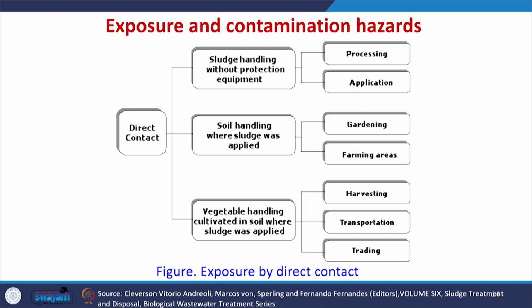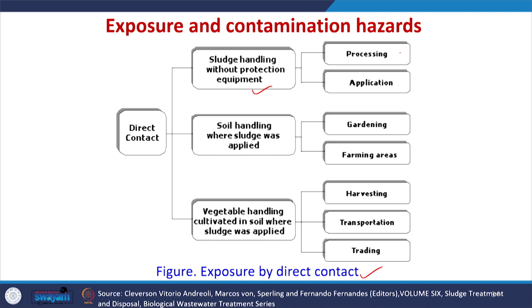that will be decided. Okay, now we will try to understand the exposure and contaminants hazard because of the direct contact of a sludge which contains some pathogens. So, direct contact may happen during sludge handling without protection equipment. So, that means we have to take care of that, and if we are not using any protection equipment, the sludge handling can cause problems.